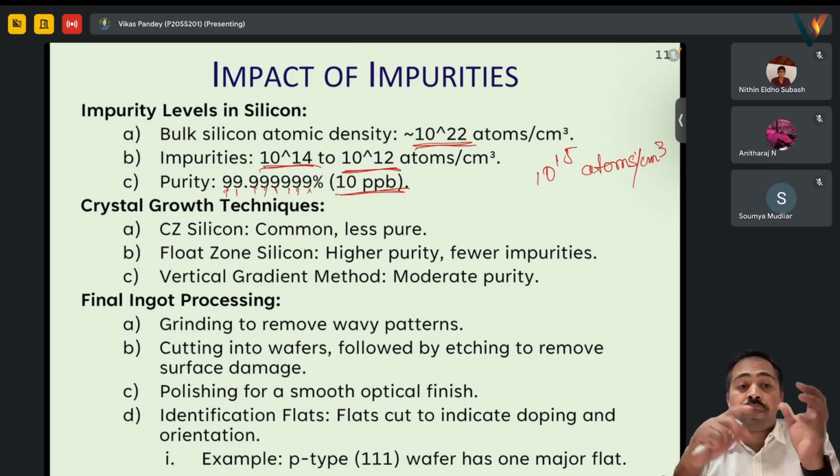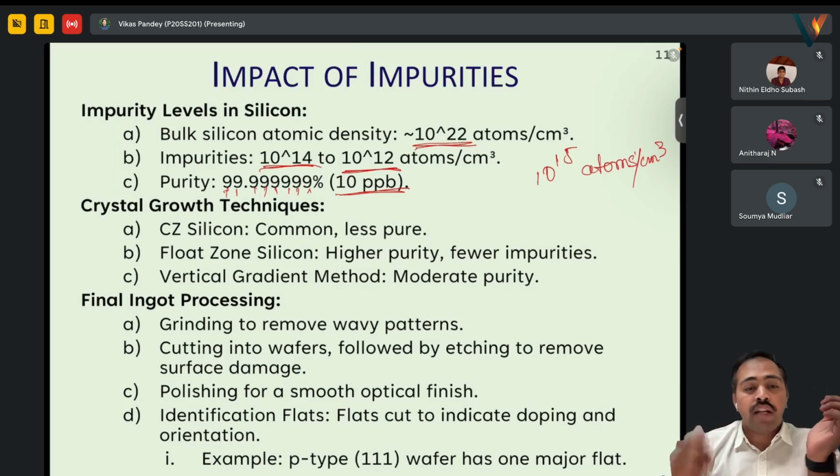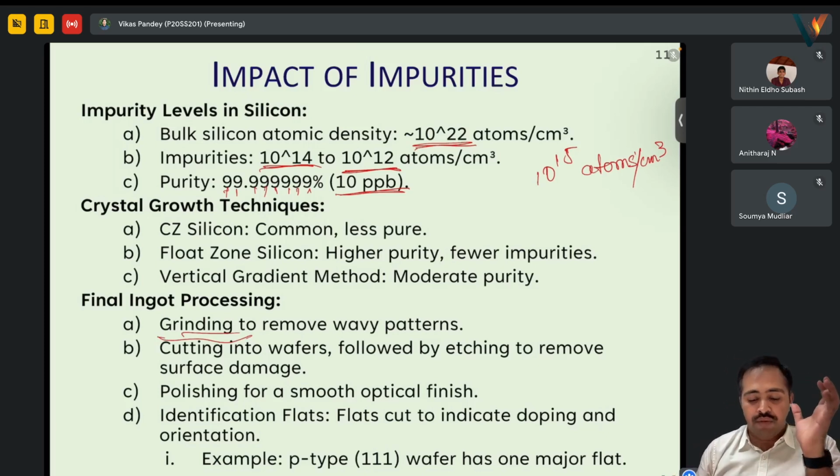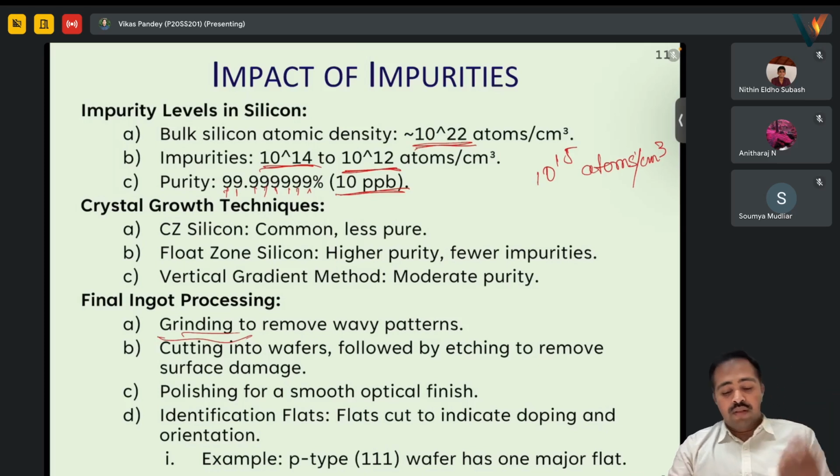Then whatever we are getting, we are grinding. I have shown it earlier also. We are grinding, polishing, okay, and then cuts are put to make the wafer that we get. The final wafer that we get will be prime grade.